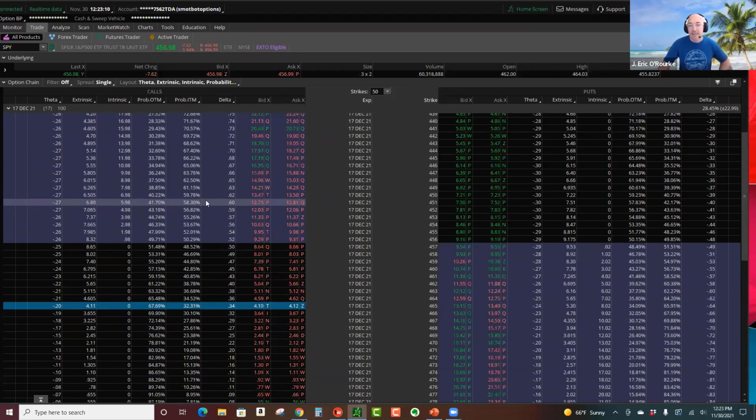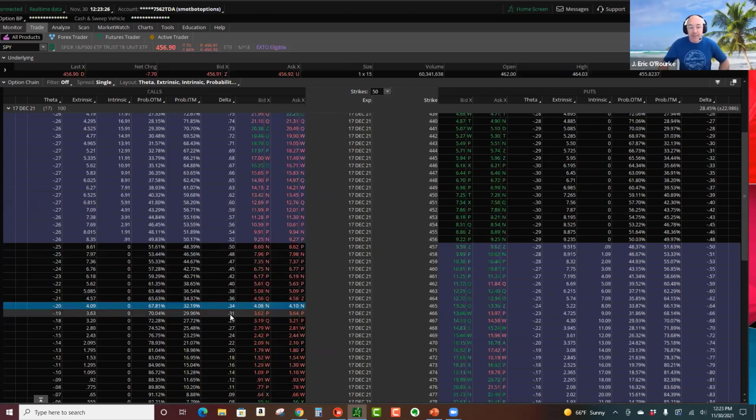So it's off by, let's call it two points, right? So if I know that this option has a delta of 60, I know that more than likely it's going to expire in the money.